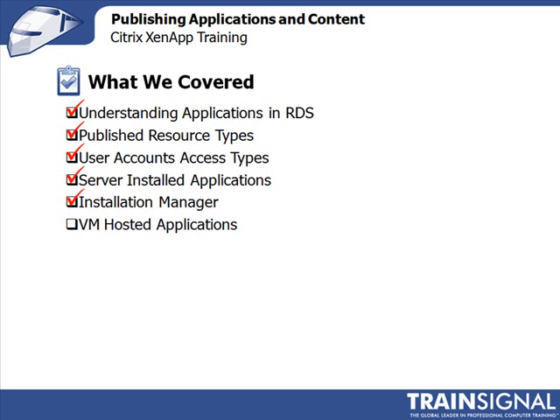We then talked about VM hosted applications and how certain applications will just not install on server class operating systems, and how they require a guest operating system in order to install, like Windows XP or Windows 7 or Windows 95, and how there's a need sometimes to centralize some of these applications and make them available to users.